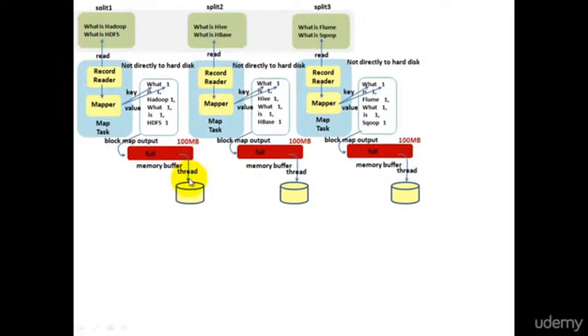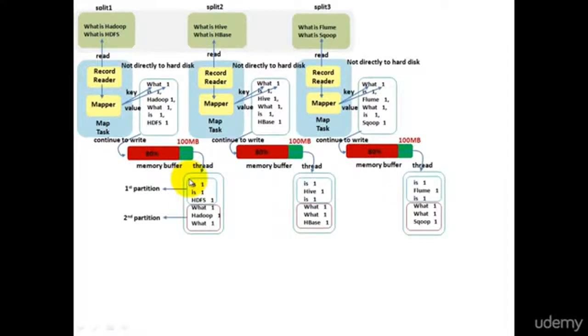Before the data is spilled to the disk, it is first partitioned. Here two partitions are created. If you remember, we had set two reduce tasks in our MapReduce program. Hence, two partitions are created.